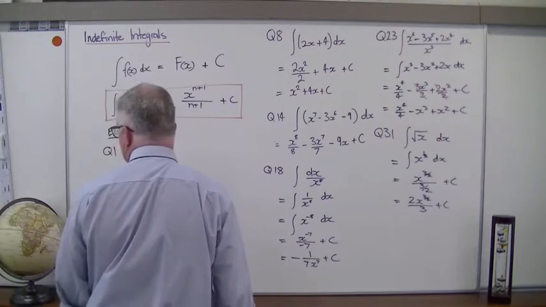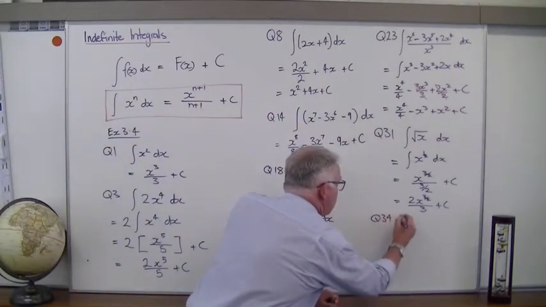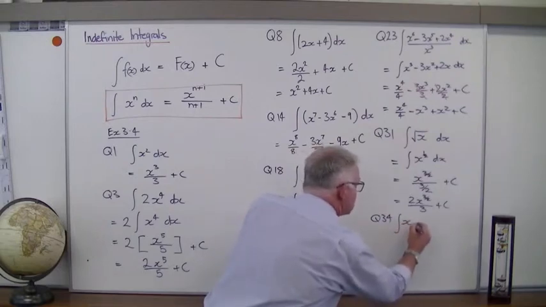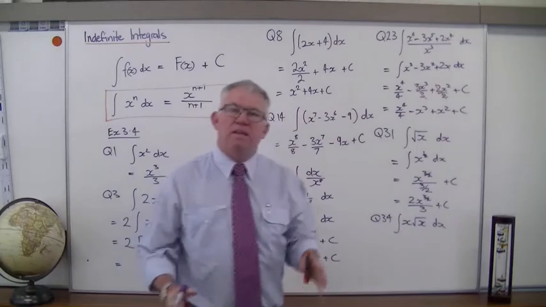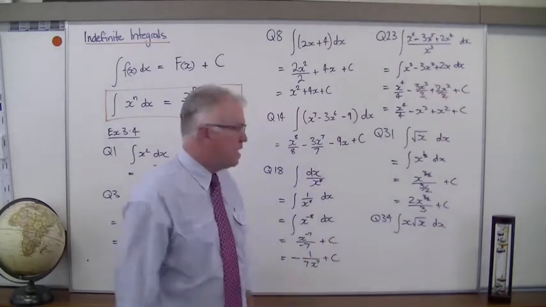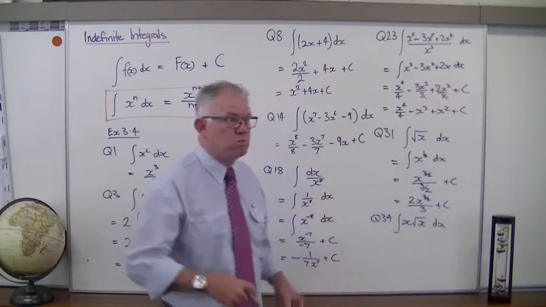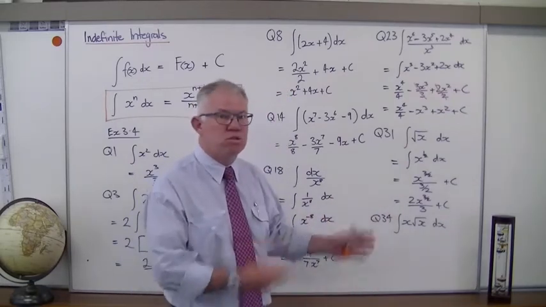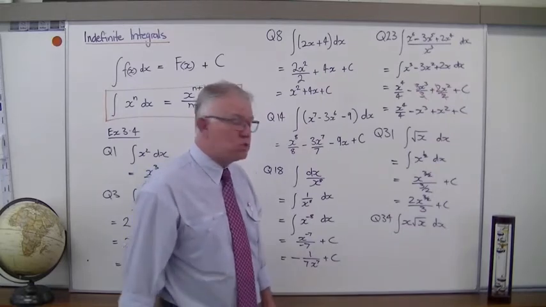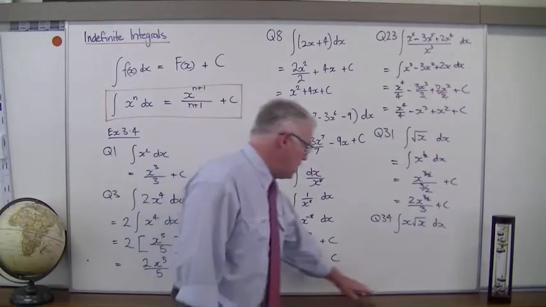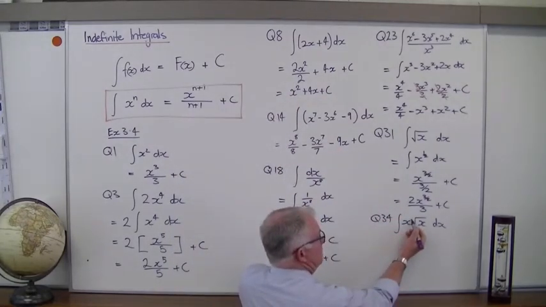Last question, question 34. Find the integral of x times the square root of x with respect to x. Again, the key thing always with calculus is get things into index form, which is why from year 9 all the way through till this very moment, I've said indices and the index laws are a really essential thing to have a good grasp of. So this is really x to the power of 1.